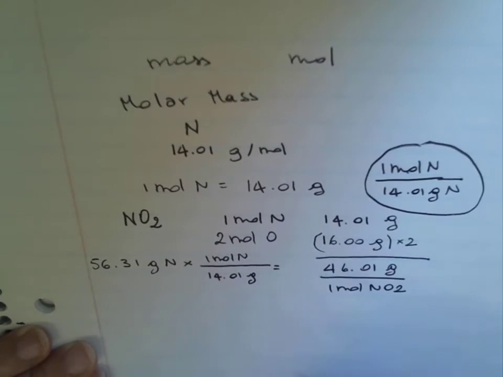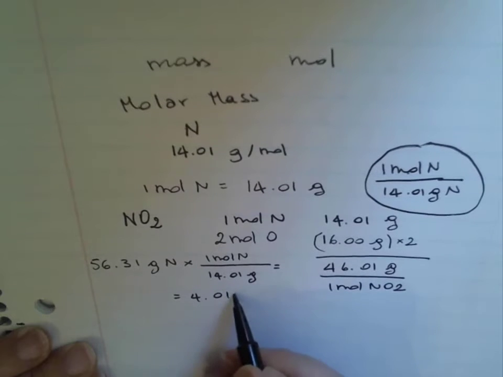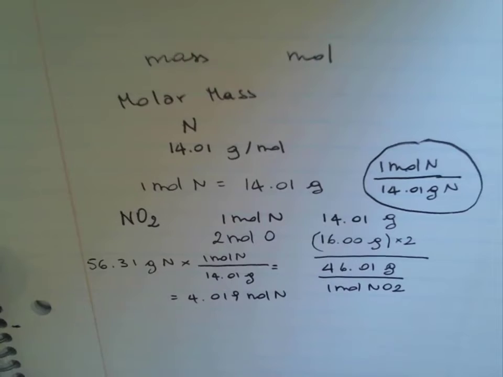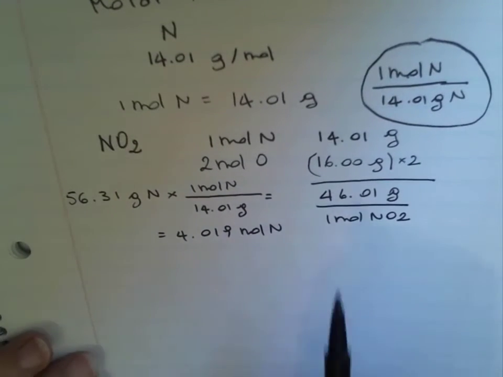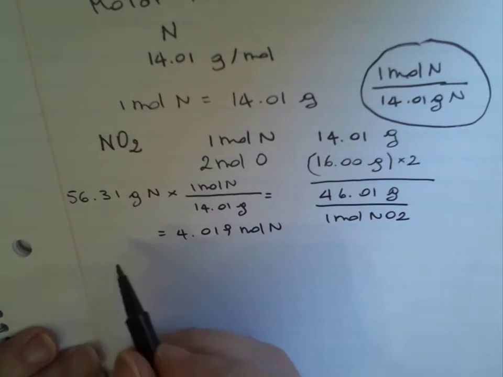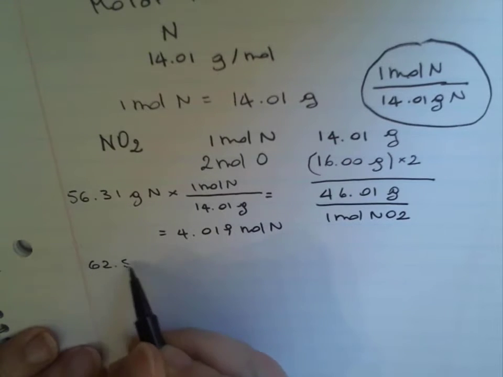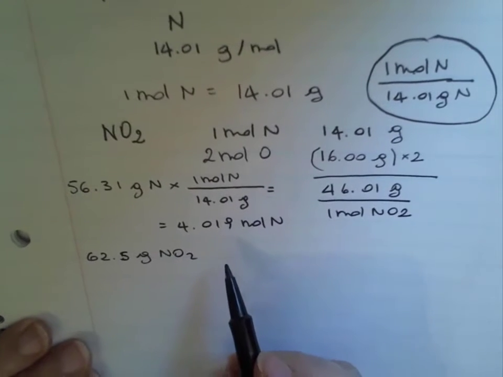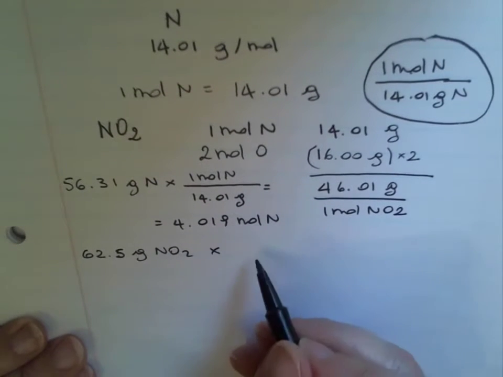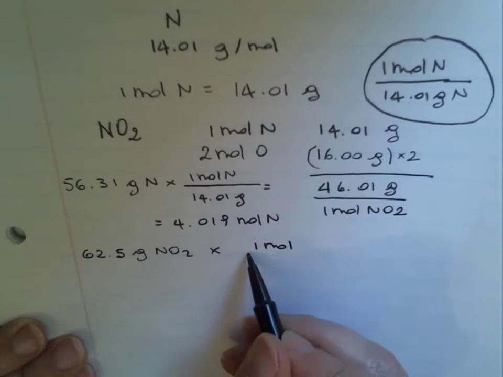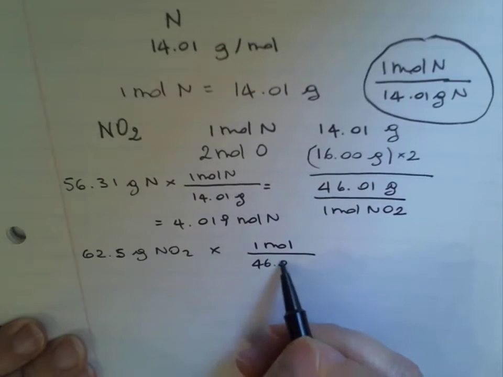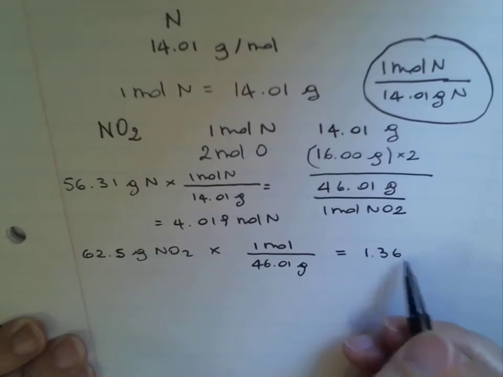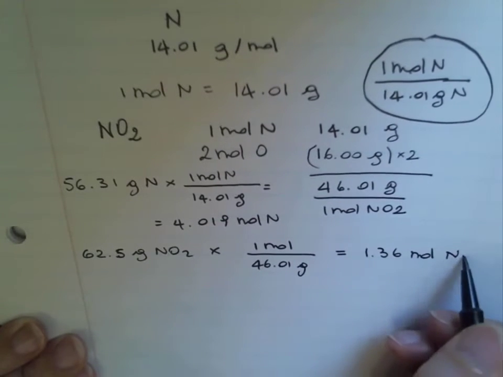And this will give us 4.019 moles of nitrogen. Now we can do the same for a molecule. If we had 62.5 grams of NO2, we can multiply this by the conversion factor, which is 1 mole divided by 46.0 grams of NO2, and this will give us 1.36 moles of NO2.